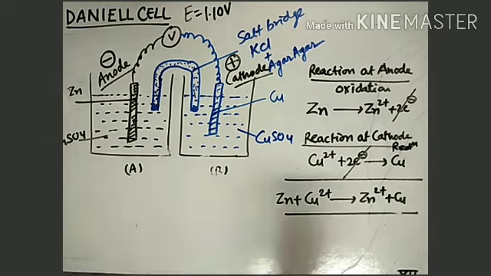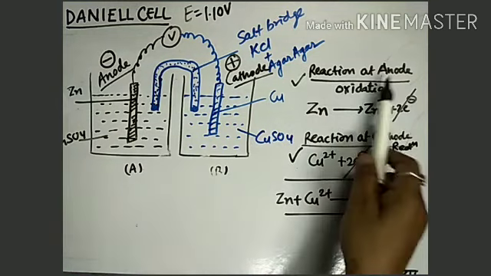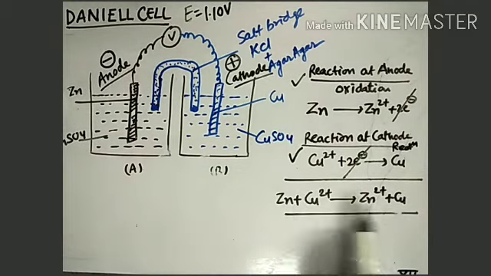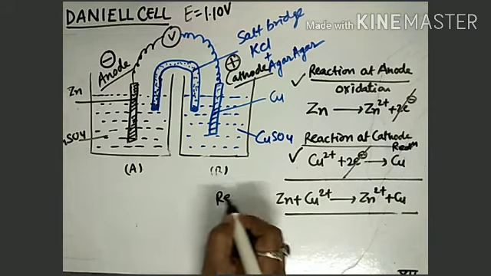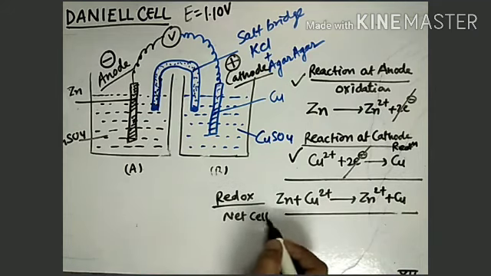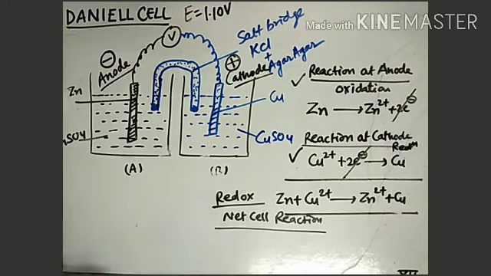So these are the half cell reactions which are taking place at the anode and the cathode, and this is the complete redox reaction, or the net cell reaction, which takes place in this Daniell cell.